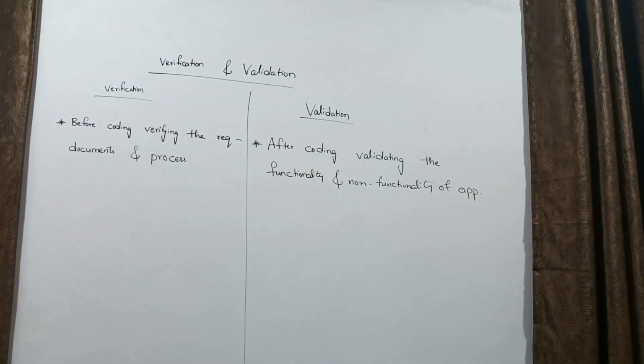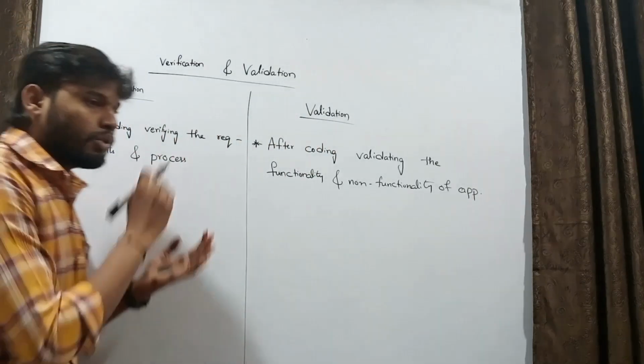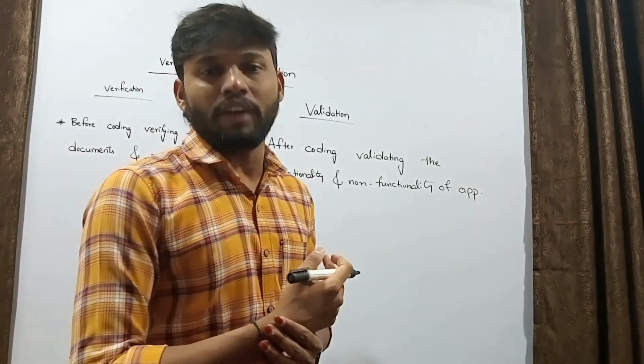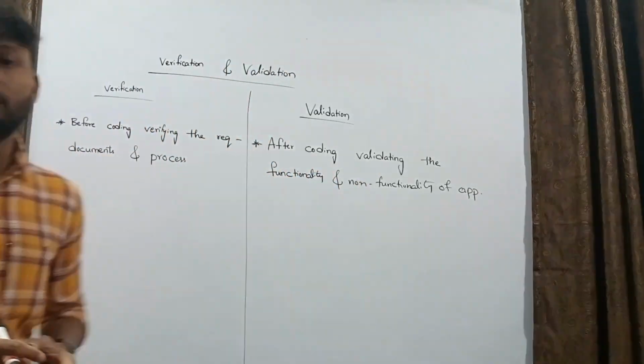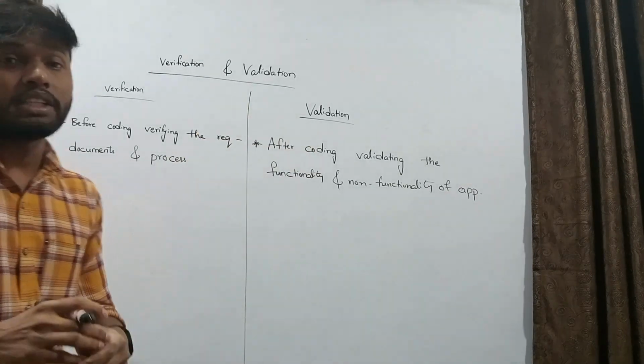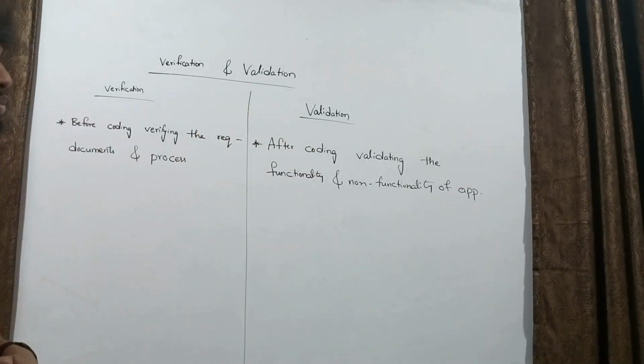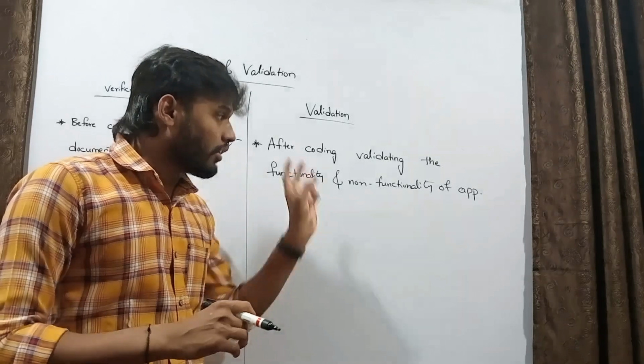So this is the major difference. Simply you can say before coding is verification, after coding is validation. Before coding we are checking whether we are going to develop the correct software or not, and in validation we are checking whether we have developed the correct product or not.